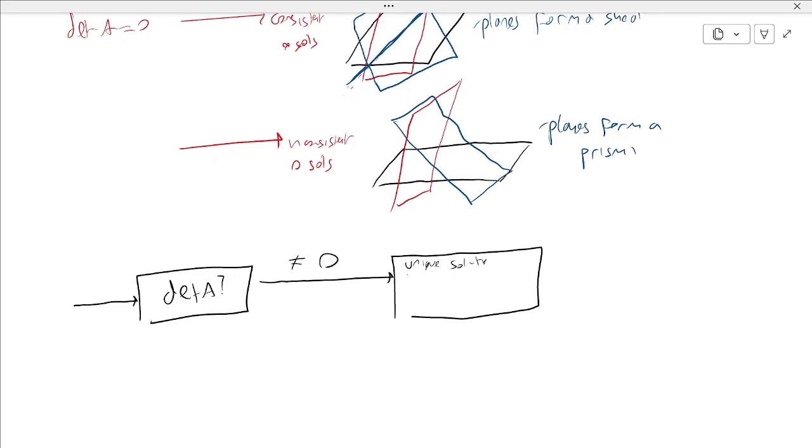So it is consistent because there is a solution, and we know the planes meet at a single point. To find that single point, you could just say that x is A inverse B. Just calculate it by inverting the matrix.